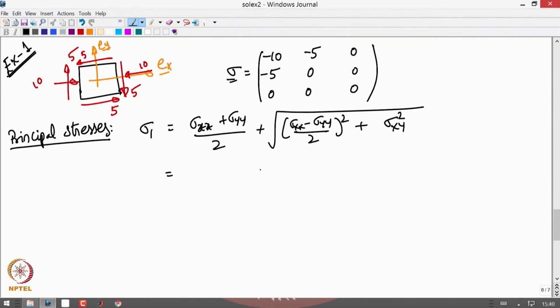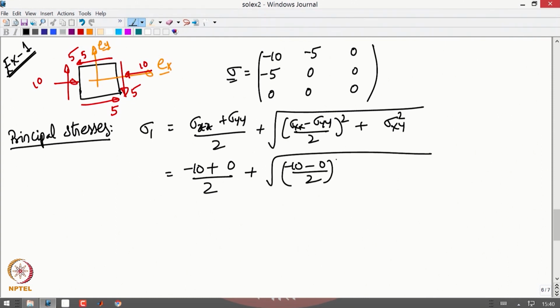Okay. So, now sigma xx is minus 10, sigma yy is 0, this will be (minus 10 plus 0) by 2 plus square root of ((minus 10 minus 0) by 2) the whole square plus (minus 5) the whole square.